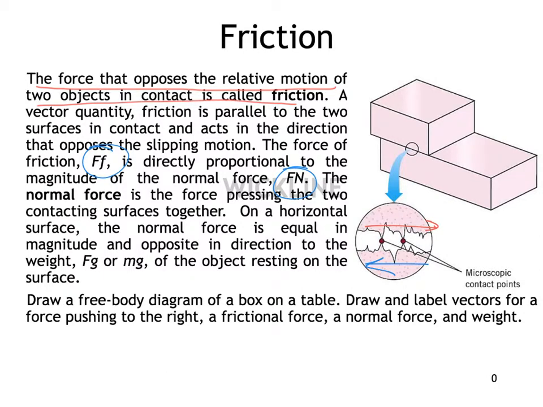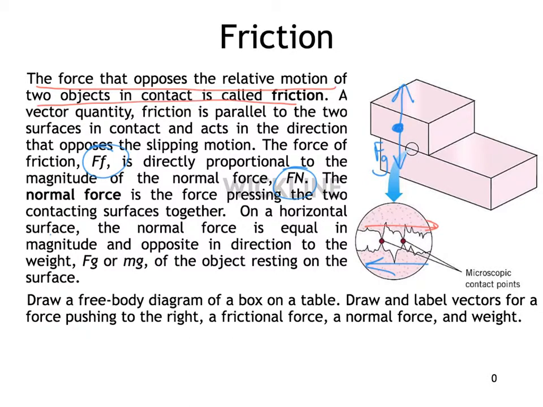Fn is going to be the force that is perpendicular to the surface and pointing away from the center of the Earth. So if I were going to use that idea on this particular block, I would say that we have Fg, or the weight of the block, pointing down, and an equal force in an opposite direction is the force that this block is putting on this one.